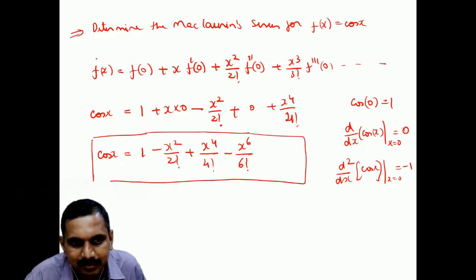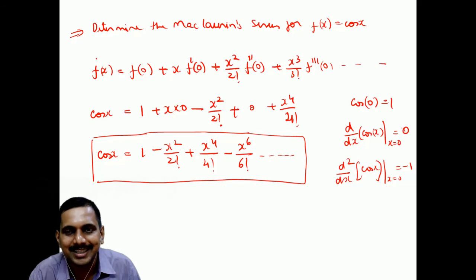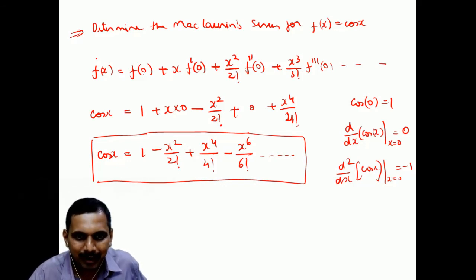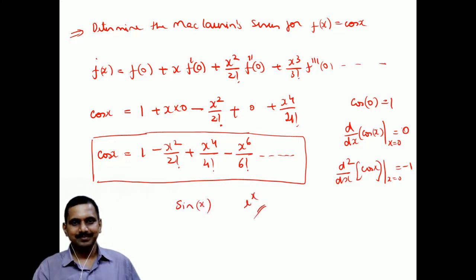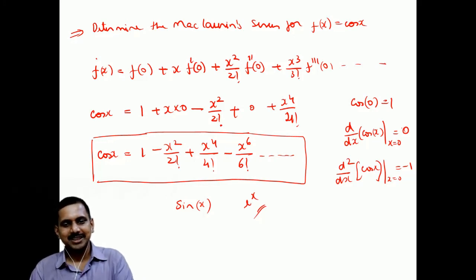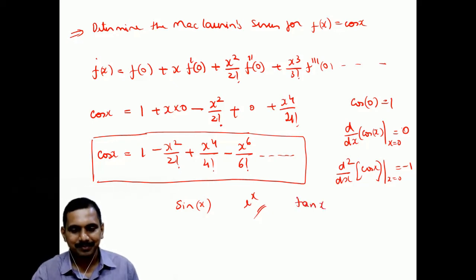This is the answer. If you forget the infinite series, students, you can directly go to the Maclaurin series and find the series. Is that clear? Now do one thing: find sin x, find e power x. Simple. Find the series of e power x through the Maclaurin series. Then tan x probably.